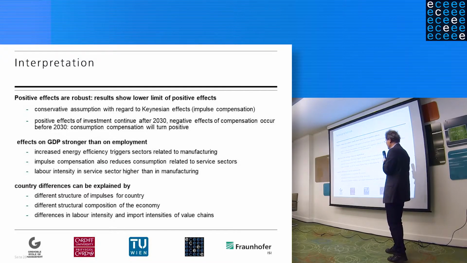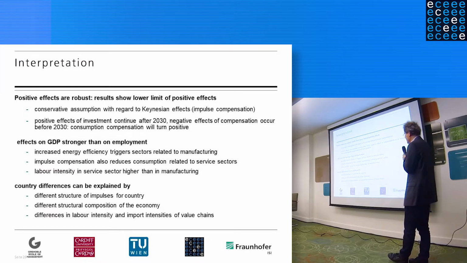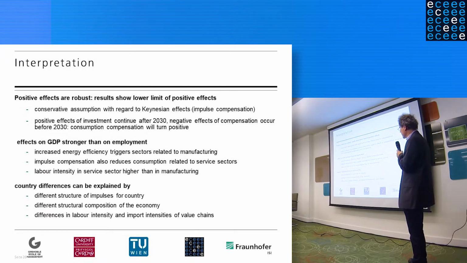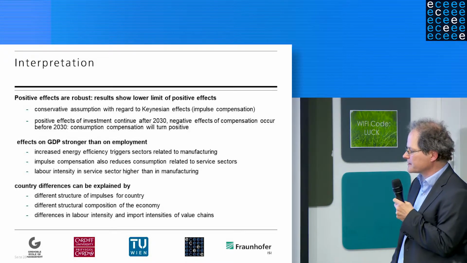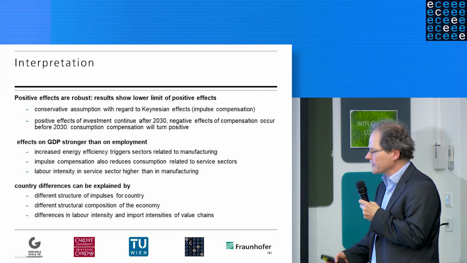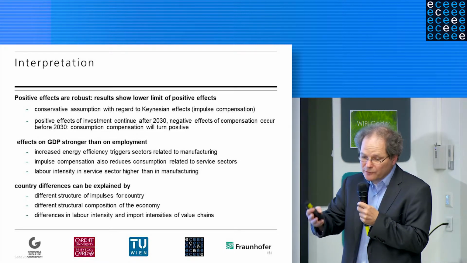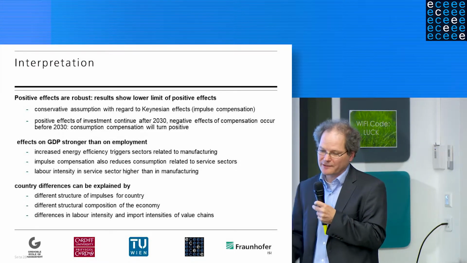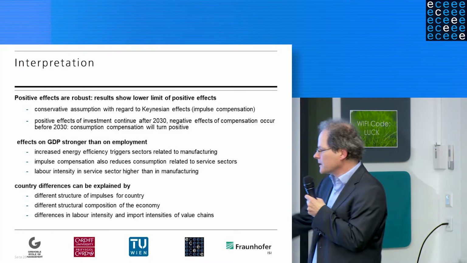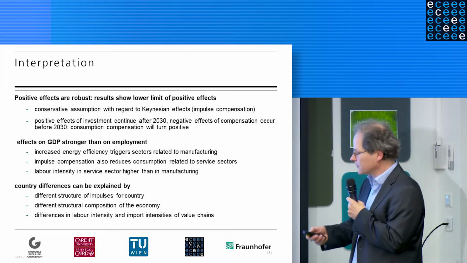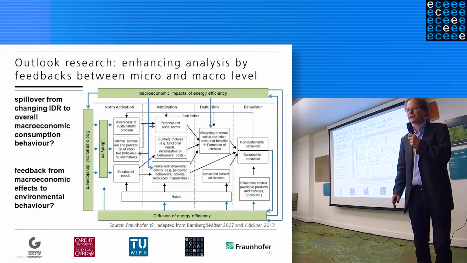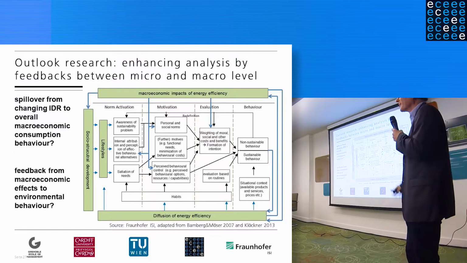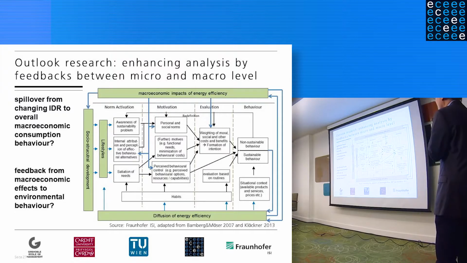And the country differences can be explained by different structure of impulses per country, differences in labor intensity, import intensity of value chains. It also depends on whether you are a country actually producing energy efficient appliances or not, and different structural composition.